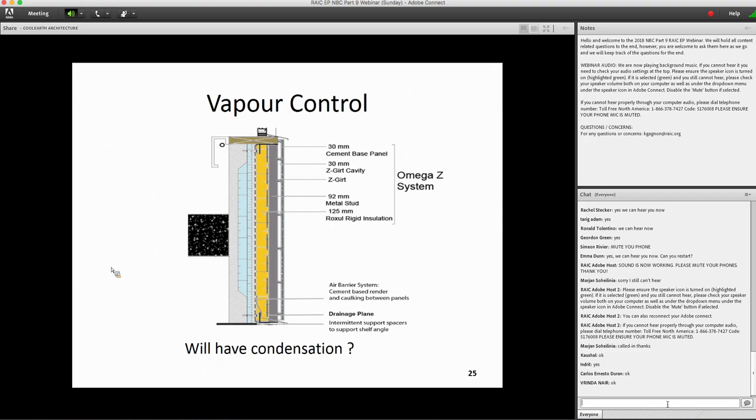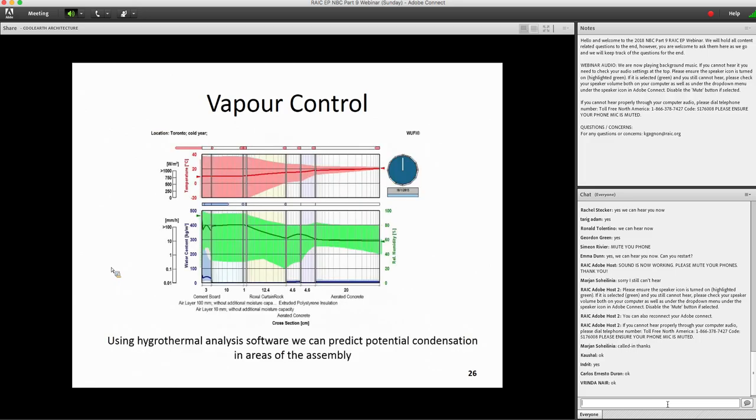You have an assembly, and there are many ways you can check whether it will have condensation or not. There's software called WUFI where you can place the assembly, and it will tell you the relative humidity in each part of the assembly, and you can do a very complicated analysis.